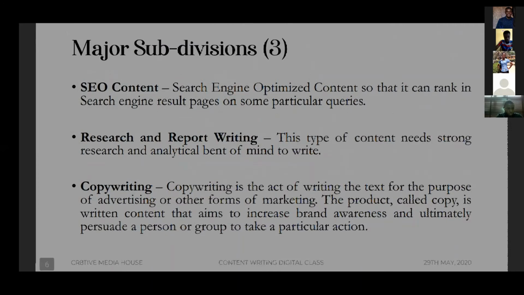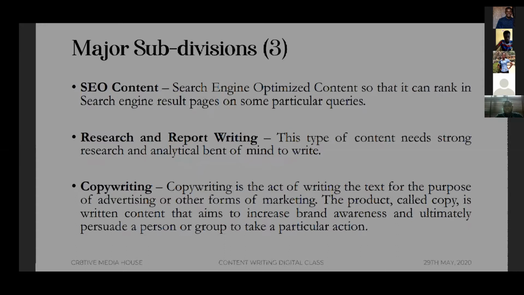Another example or subsector of content is SEO content. That is talking about search engine optimization. That's what SEO basically means. It's a section on its own, a totally different section though, which professionals handle.